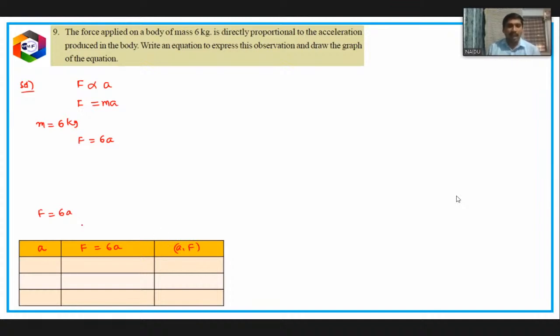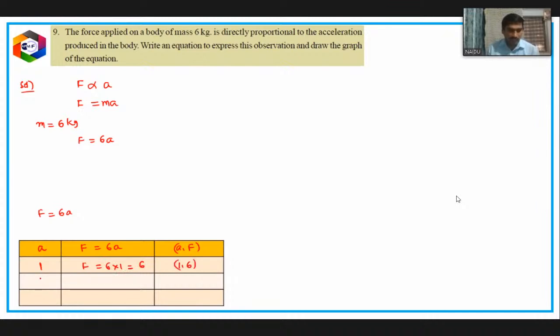Now I am going to take A as 1. Actually the units of A, acceleration, are meter per second square. So here units are not necessary for us mainly, but we need the graph. So A equal to 1 I am keeping, and from this F will be equal to 6 into 1, which will be equal to 6. So the point will be 1 comma 6.